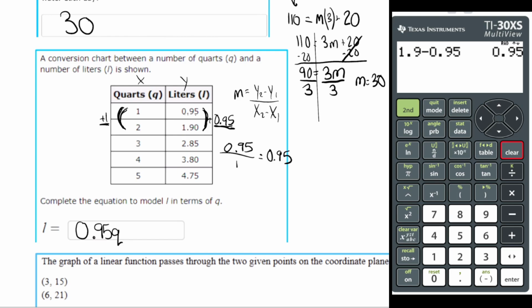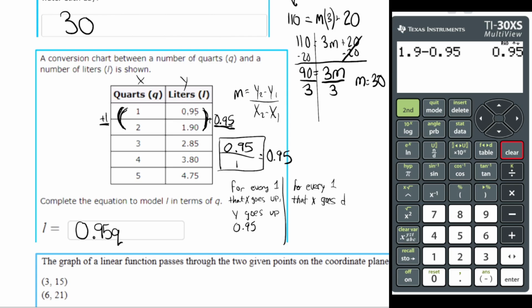But just for fun, let's remember what a slope represents. For every 1 that x goes up, y goes up 0.95. And vice versa, by which I mean for every 1 that x goes down, y goes down 0.95.